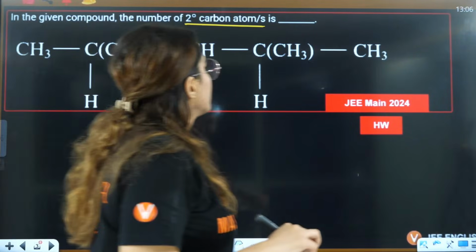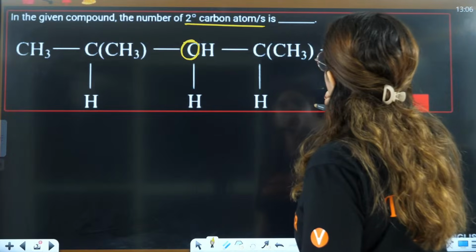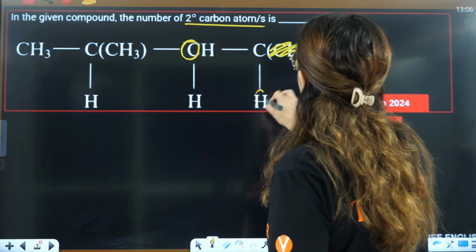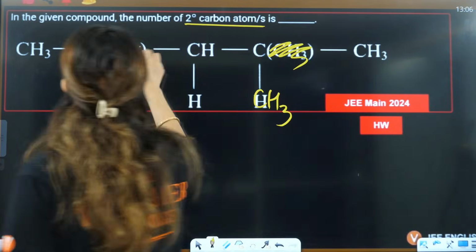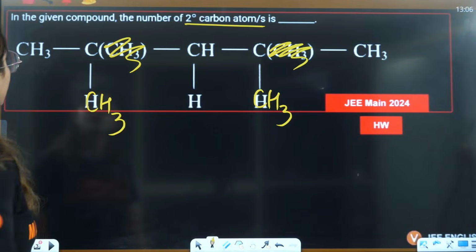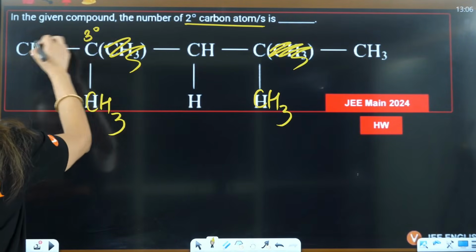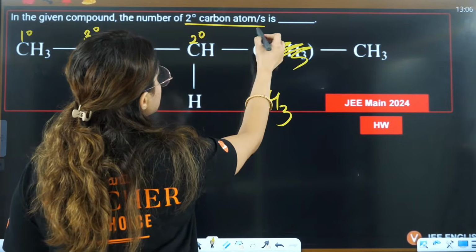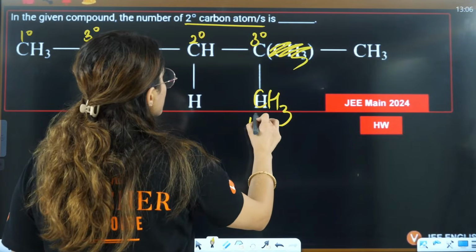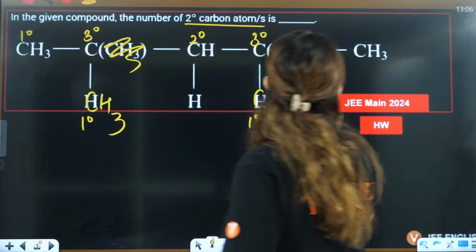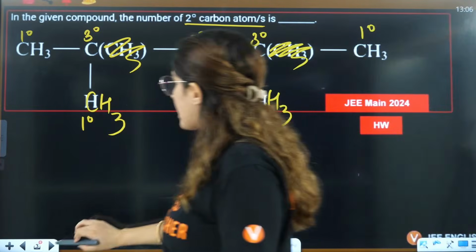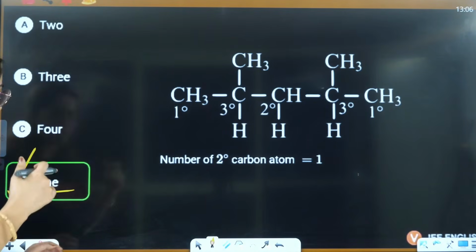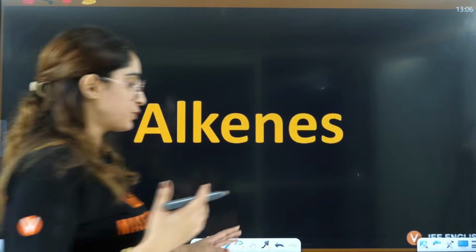Let's write it like this: CH3, this is CH3. So this carbon is 3 degree, this is 1 degree, this is 2 degree, this is 3 degree, this is 1 degree, this is 1 degree, this is 1 degree. So you have only one 2-degree carbon, okay? That means it depends on how many other carbons it is connected to.